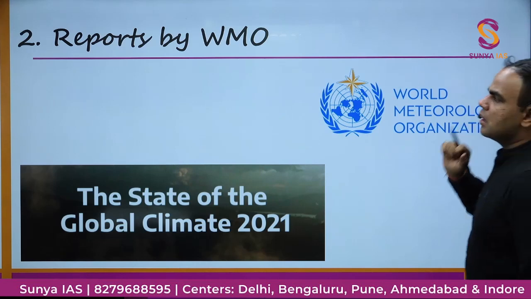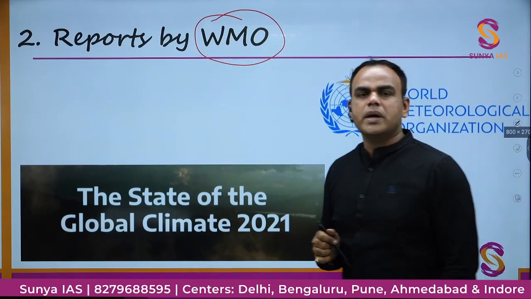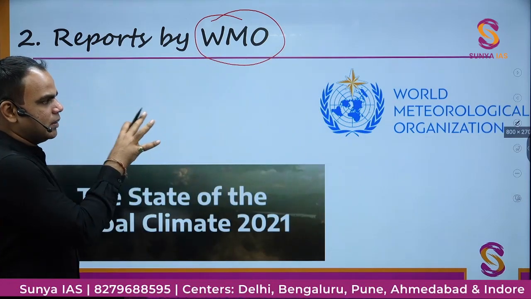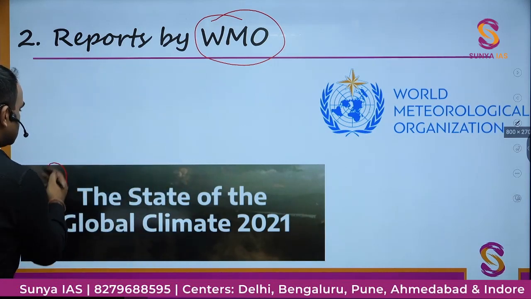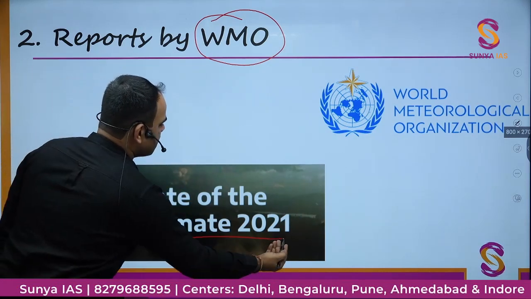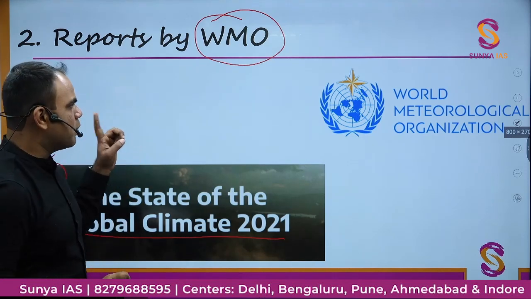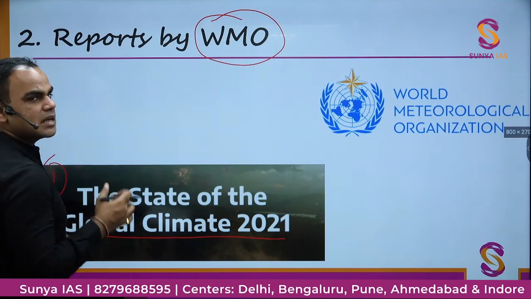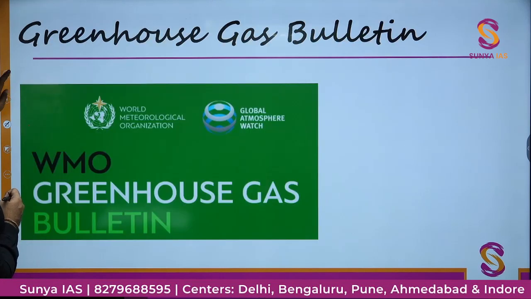Then reports by the World Meteorological Organization, okay. Again I have covered some of the very important updates of this body. The number 1 important report is the State of the Global Climate 2021, okay. That is the one important report. Other than that, it has a greenhouse gas bulletin.